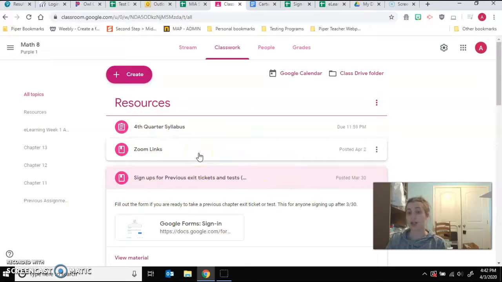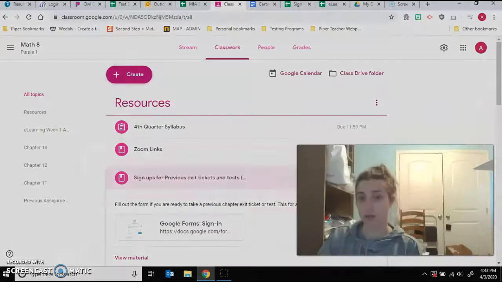Because, again, there are no exit tickets for chapter 5. That's why it wasn't in the syllabus. That's why there's no comment about how to do exit tickets for chapter 5 or signing up for exit tickets for chapter 5, because they don't exist. I know it's different.